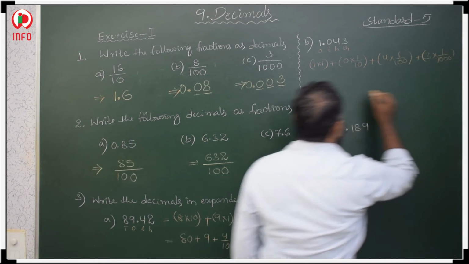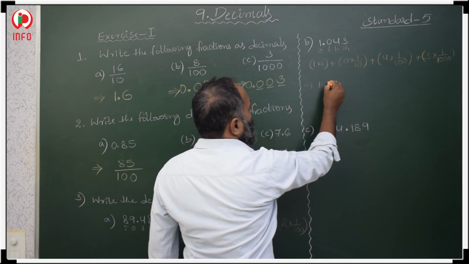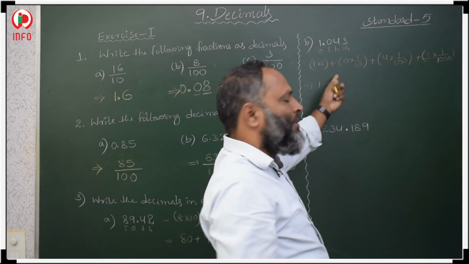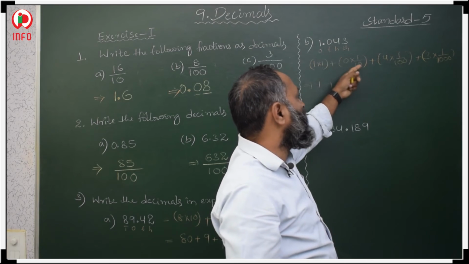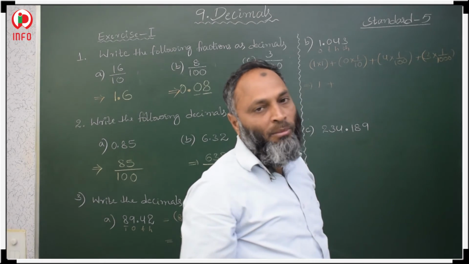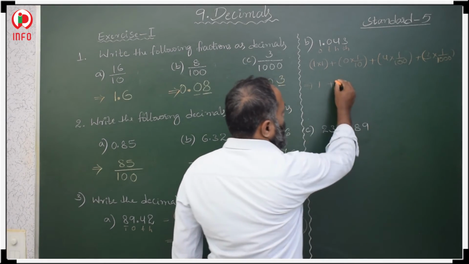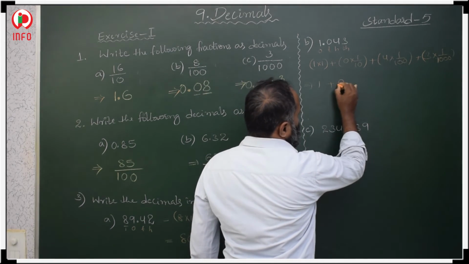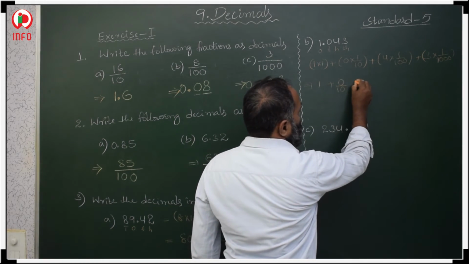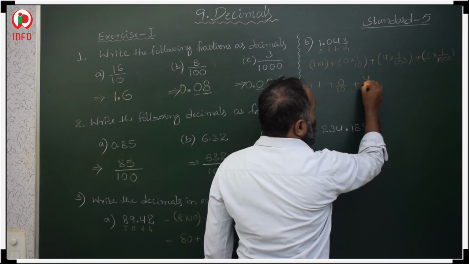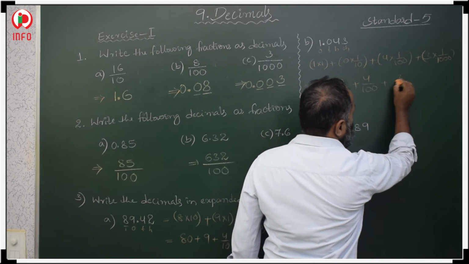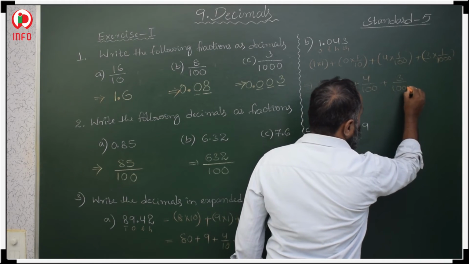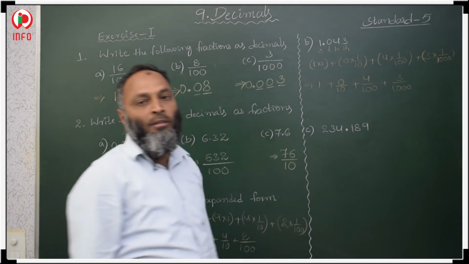Now 1 ones are 1, and 0 into 1 by 10 is 0, so no need to write it, because in the tenths place we have 0. Plus 4 by 100 plus 3 by 1000. This is our expanded form.